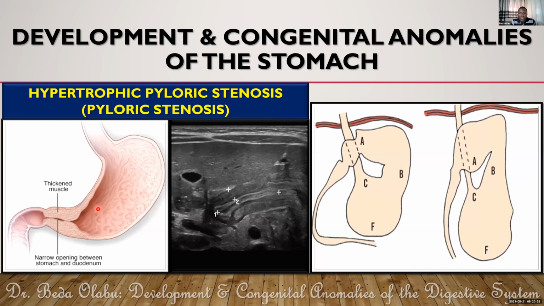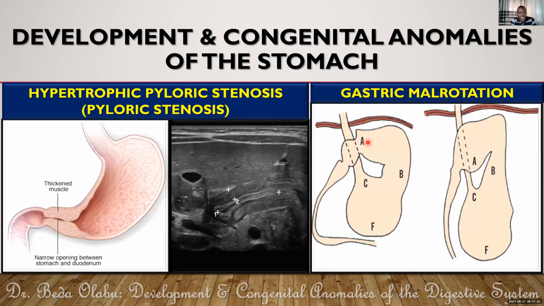But in this situation, look at the esophagus coming there, so that means this is the fundus. Then the duodenum, yeah, so this is the pylorus. So here we see the fundus down and pylorus up. This is an abnormal one. We call this gastric malrotation.